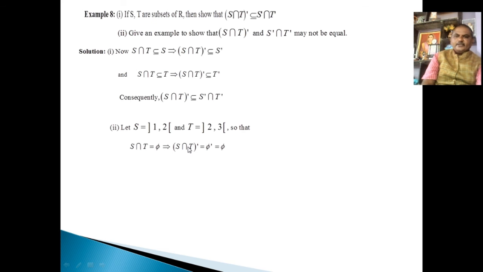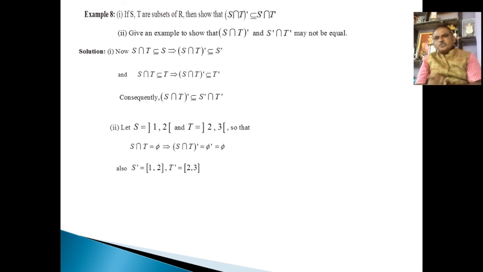This implies the derived set of this intersection, the limit points of the empty set, that is phi', is also equal to phi. So the derived set of S intersection T is equal to phi. This is the left-hand side. Secondly, find the value of S', the derived set of S, the set of limit points. For an open interval, the limit point set is the closed interval, so S' is equal to the closed interval [1, 2].